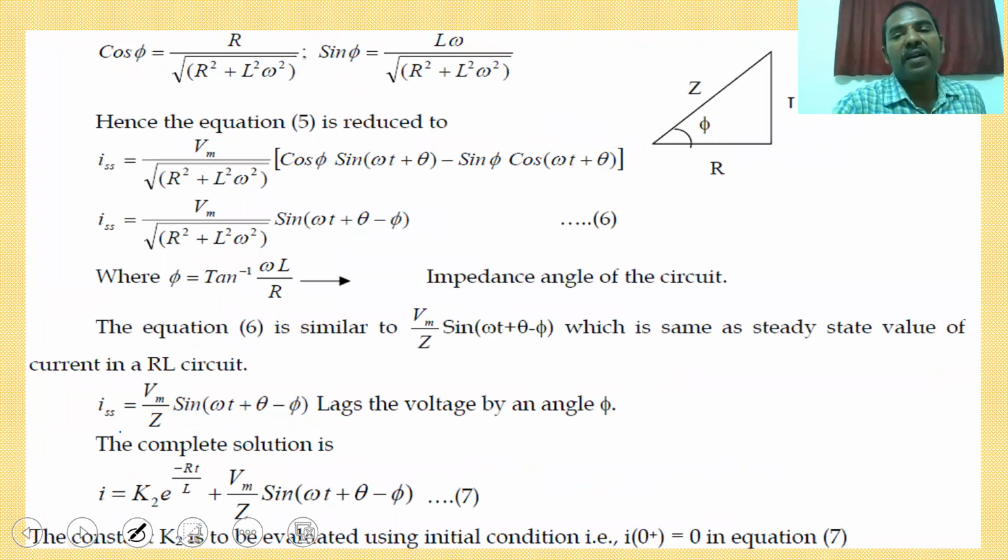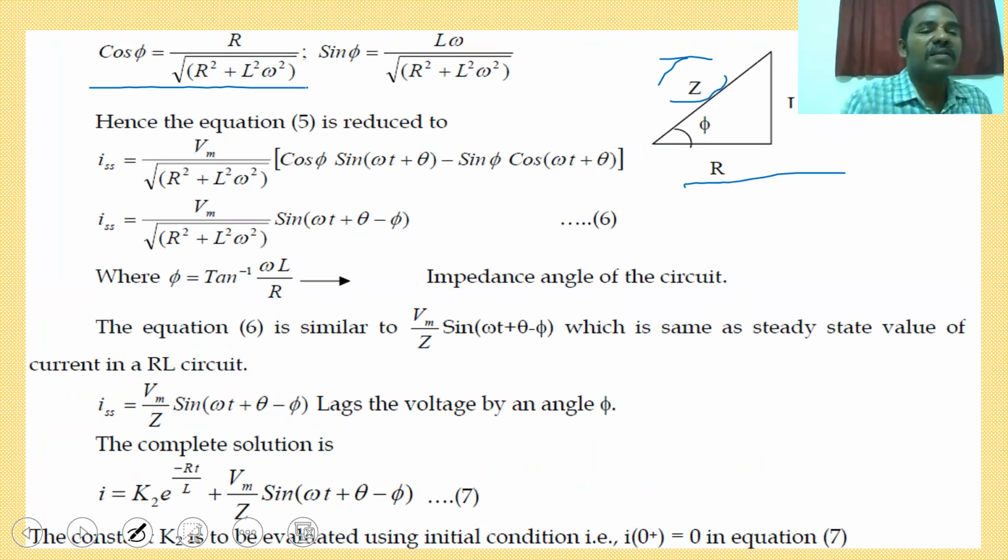In the impedance triangle of the RL circuit, the horizontal is resistance, the vertical is L omega, and the hypotenuse is Z. So Z is equal to root of R square plus L square omega square. By using this impedance triangle, cos phi is R by root of R square plus L square omega square, and sin phi is L omega by root of R square plus L square omega square.